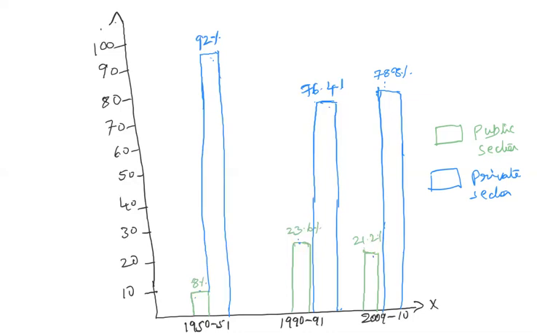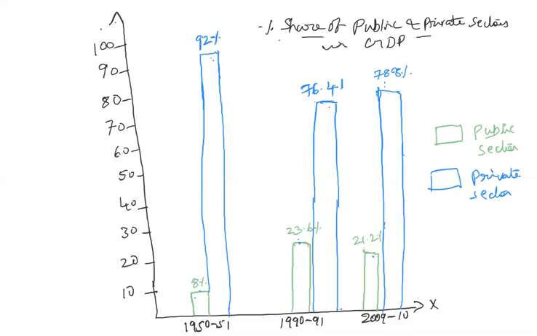So this is how the share of public and private sector changed in the country. The percentage share of public and private sectors in GDP. I hope the concept is clear to all of you.